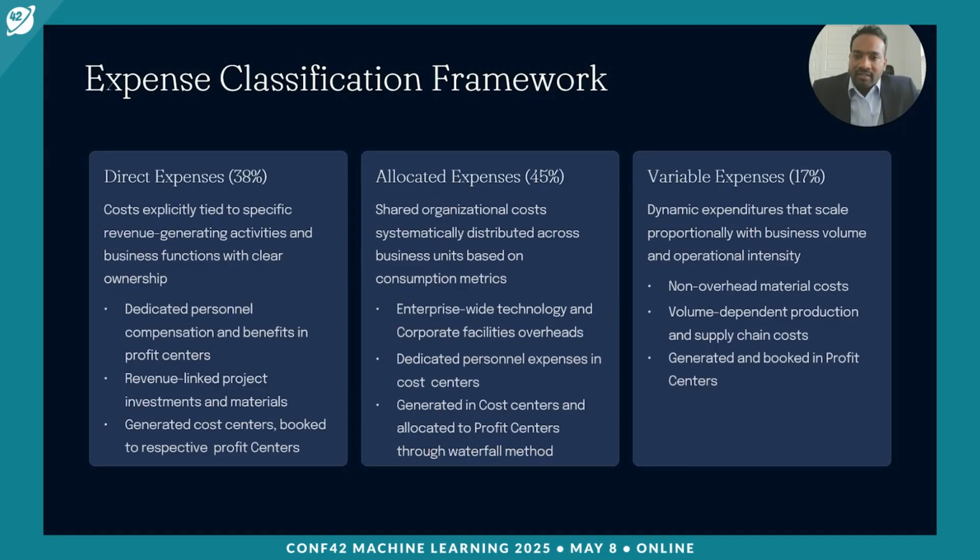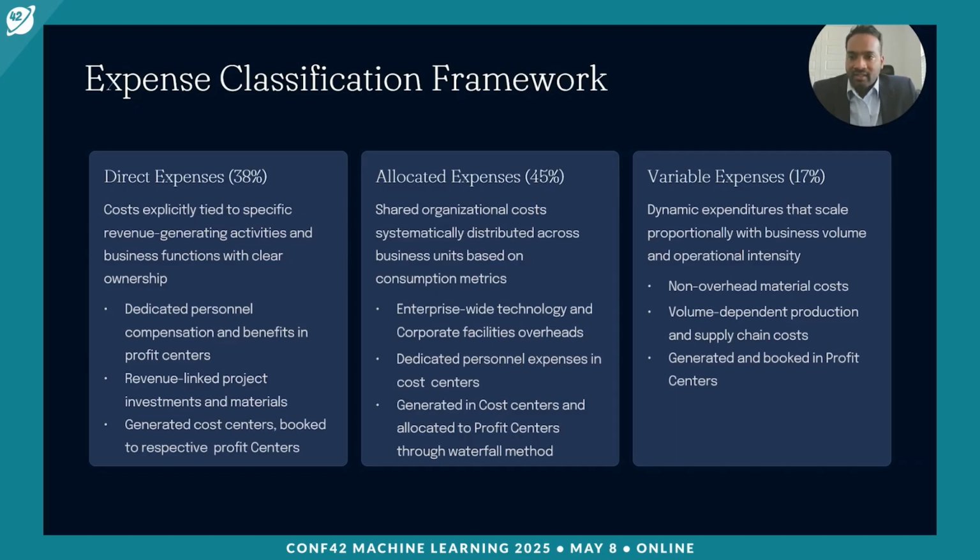I want to talk about the expense hierarchical framework here, which divides expenses into three different categories, starting with direct expenses, which make up about 38% of any organization's expenses. These are costs tied specifically to revenue-generating activities with clear ownership of where the revenues are coming from.